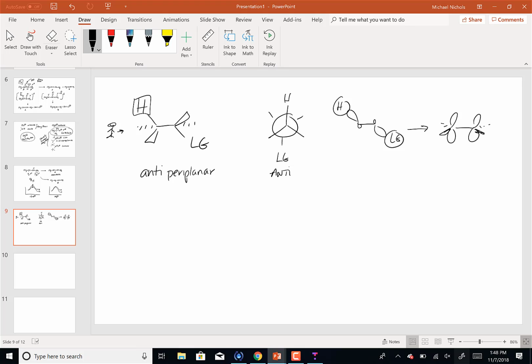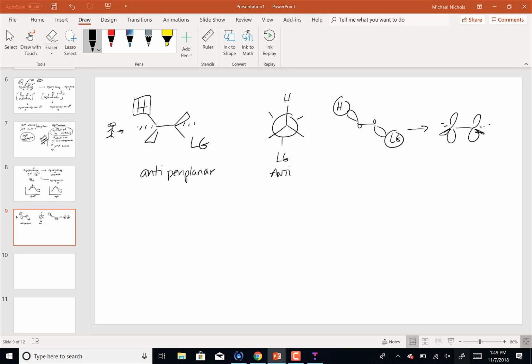Now, what I cannot do with two arms here is show that as I'm swinging my arms to become parallel, there's also down here the little lobe growing in electron density. So that by the time they come here, it's 50-50. And at that point, what I actually have is a p orbital with two electrons and an empty p orbital.